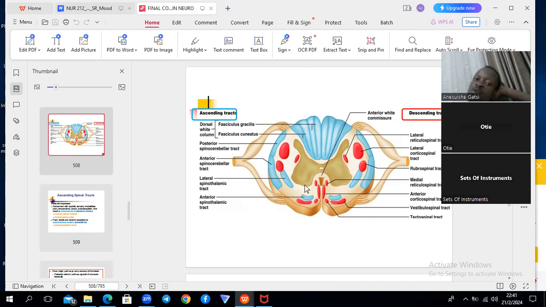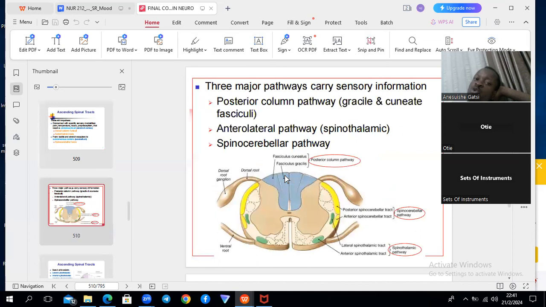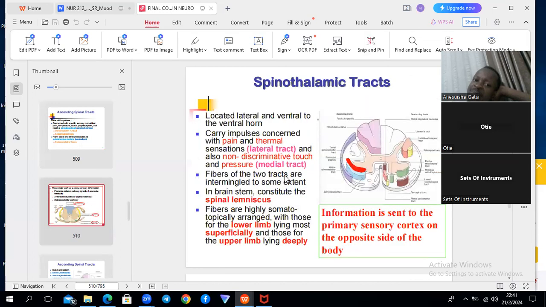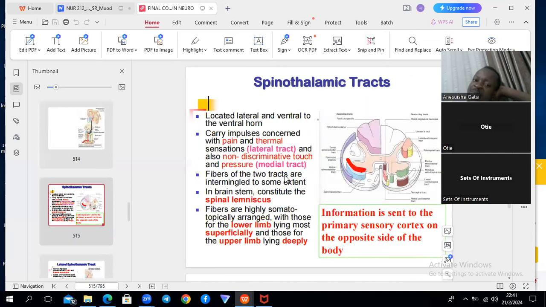Right. So in the anterior column, there's something called an anterior spinothalamic. In the lateral column, there's something called a lateral spinothalamic. So there are 2 spinothalamics. There's an anterior and there's a lateral. What I've been describing to you is the lateral spinothalamic tract.